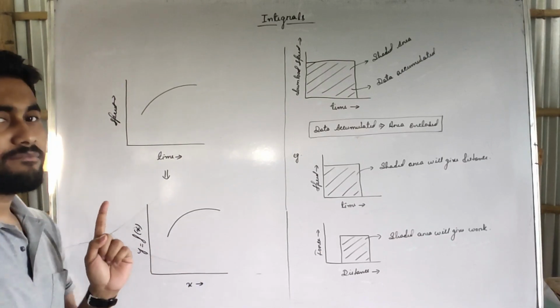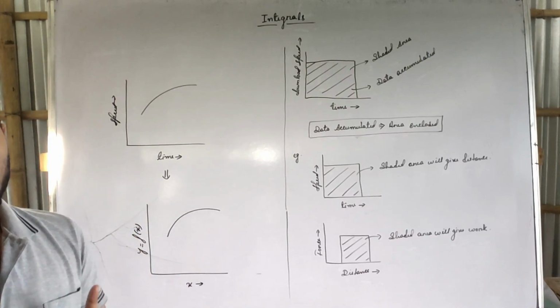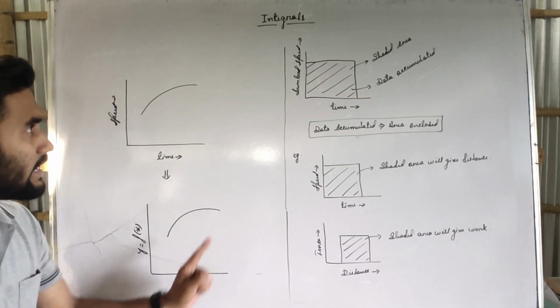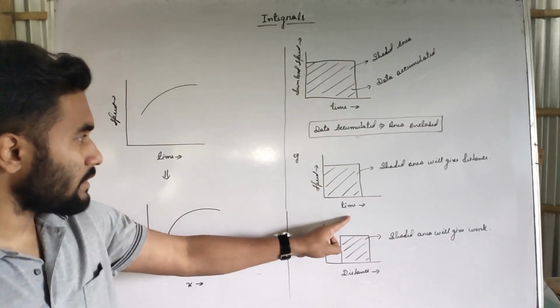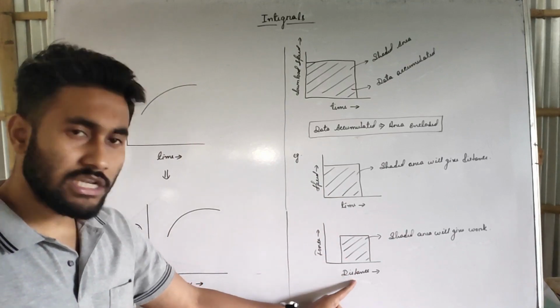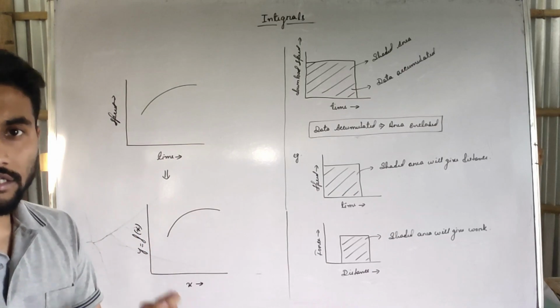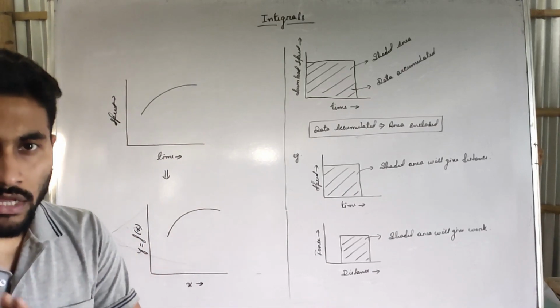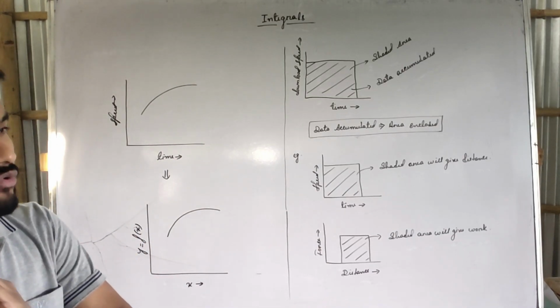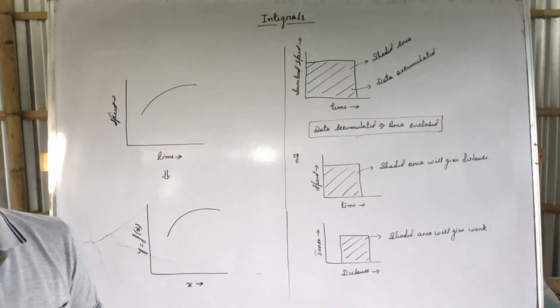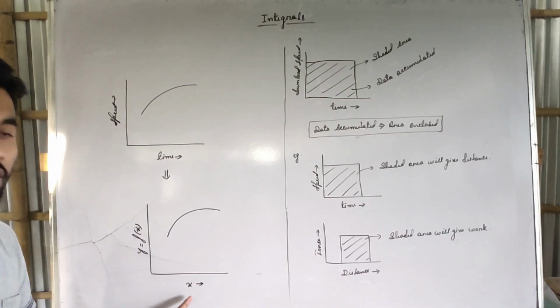X and y must be related. There must be a relation between x and y. Say there was a relation between time and speed, and between distance and force. That means you must know the relation between x and y. If you don't know the relation between x and y, then you cannot use the concept of derivative or integral. Y must be a function of x.